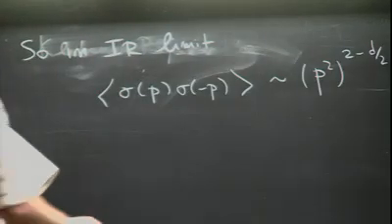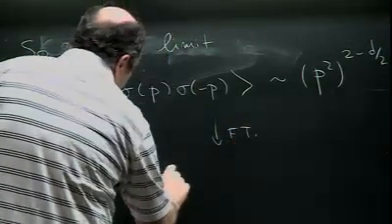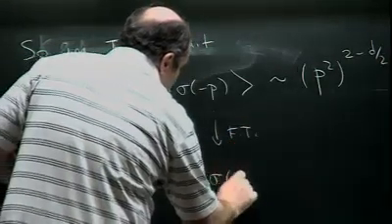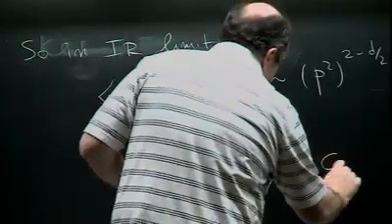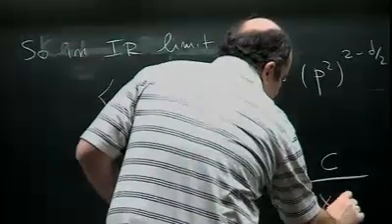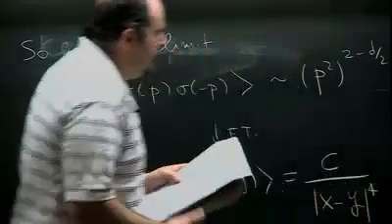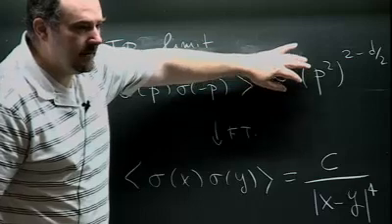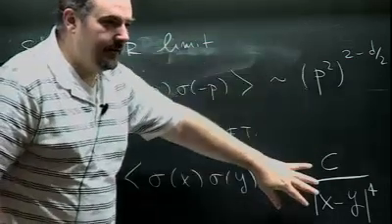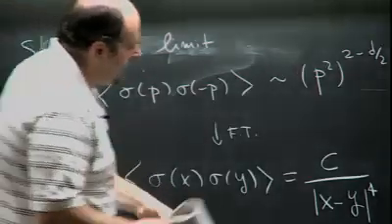And now you can do a Fourier transform and get the two-point function of sigma in coordinate space, and that will be some constant, which I didn't keep track of. I just want to know what's the scaling, but you can fix the constant as well. If you do the Fourier transform of this, just do the integral over p with e to the i p dot x, you get this. So we see that in the IR limit, sigma is like a scalar primary operator.